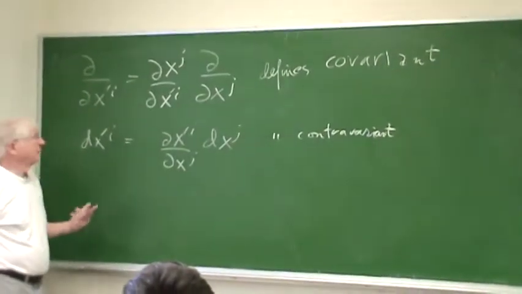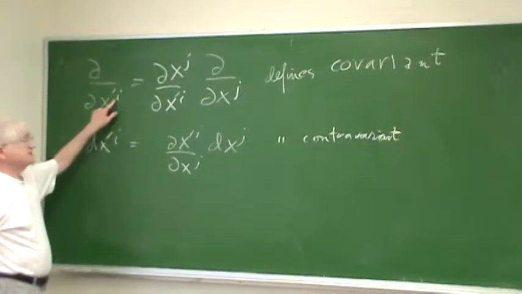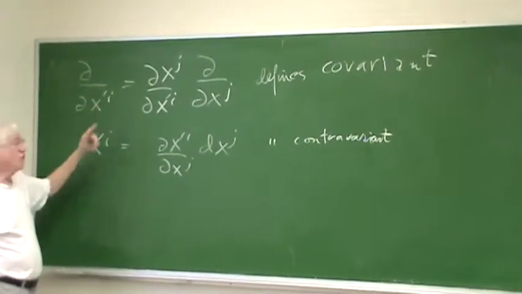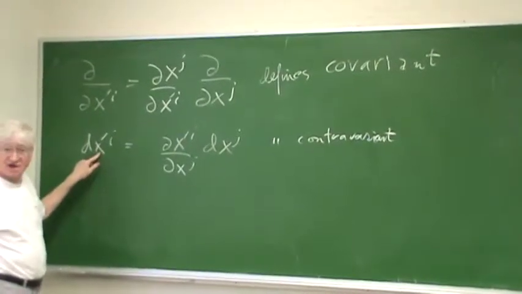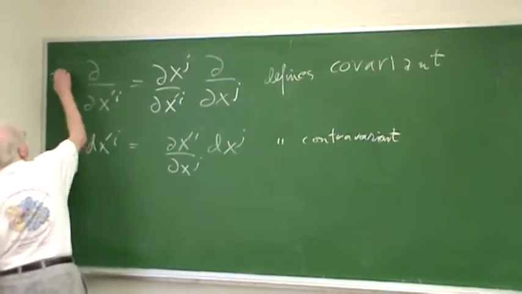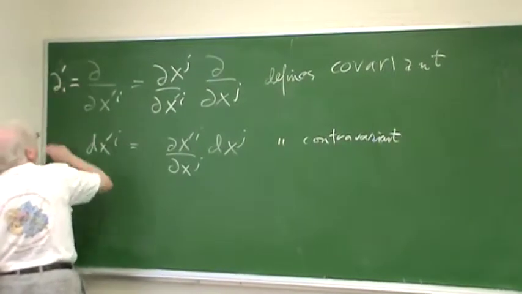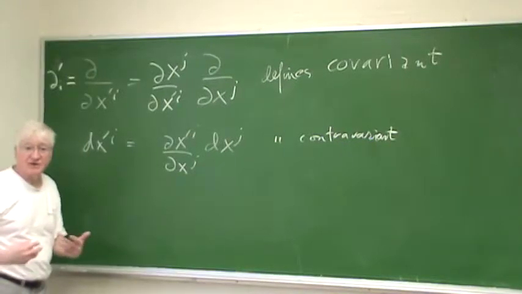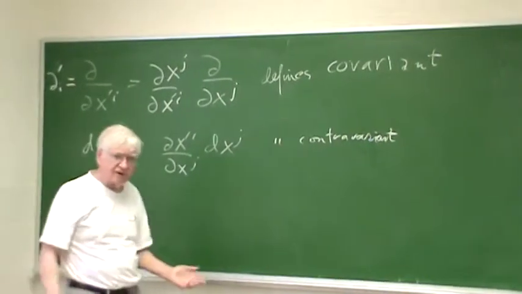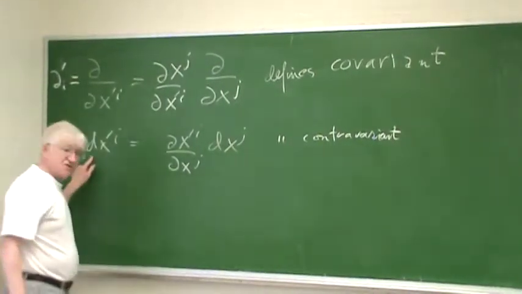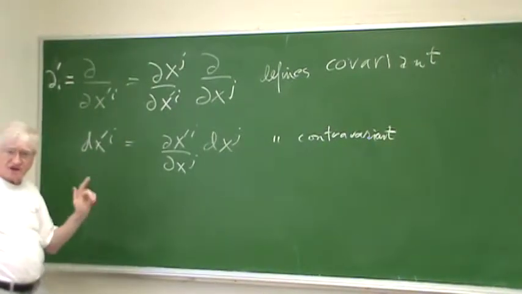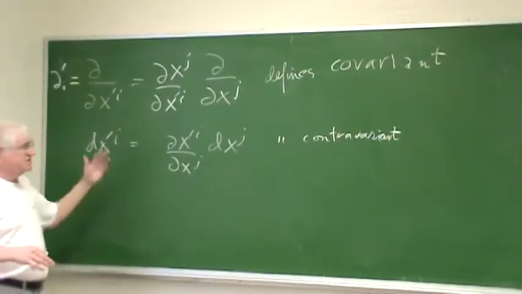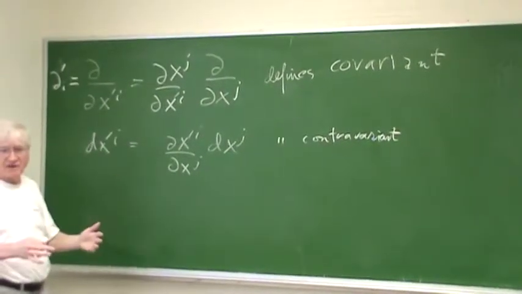And notice the index is, well, it's up on the x because dx is contravariant, but we write this as d prime i. So it is a lower index, covariant. So derivatives are covariant always. Differentials of space-time are always contravariant. That defines contravariant. And these two things define contravariant and covariant.